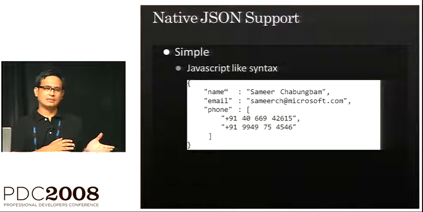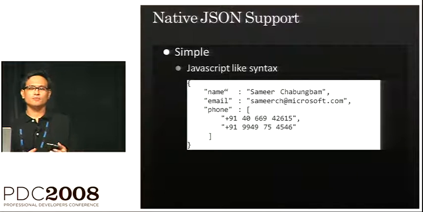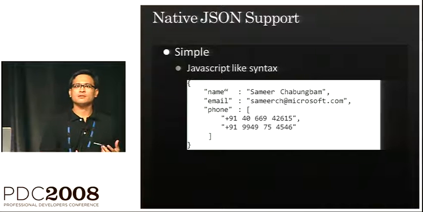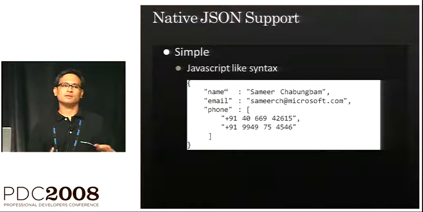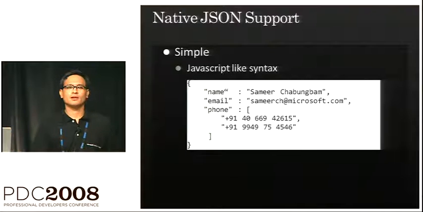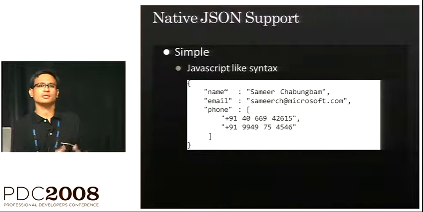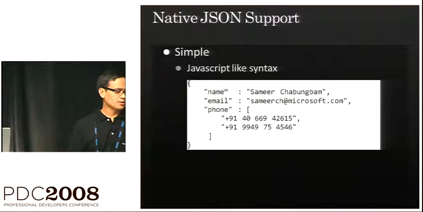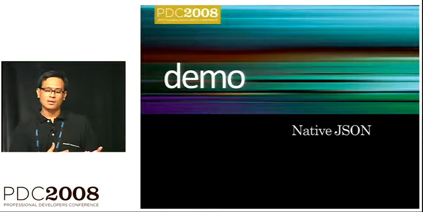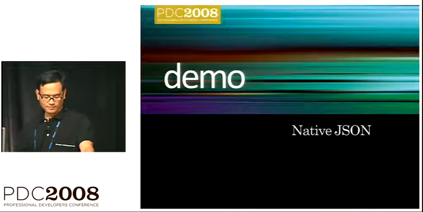This allows us to improve the performance of an AJAX application, which involves sending data between the server and the client, and where you need to parse the data and display it. So let's take a small demo to see how it impacts the performance.